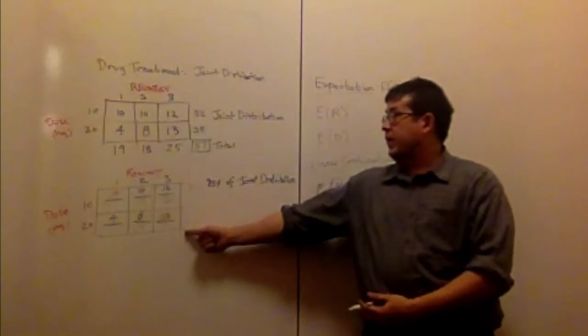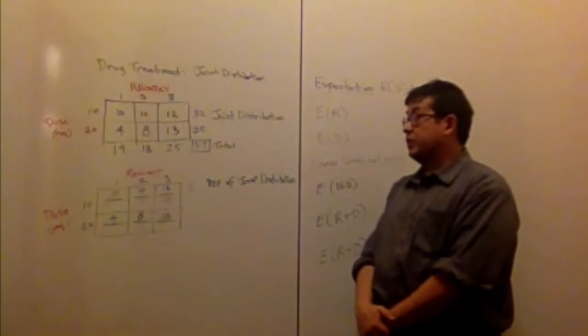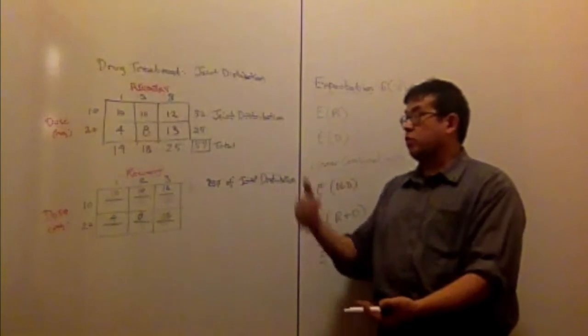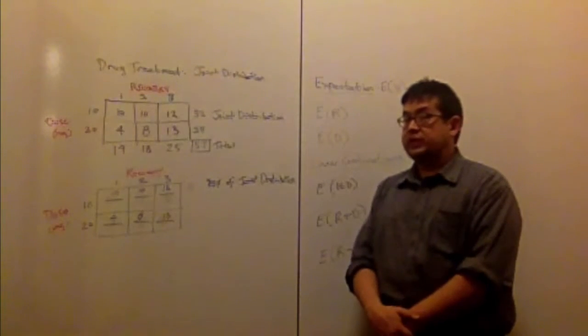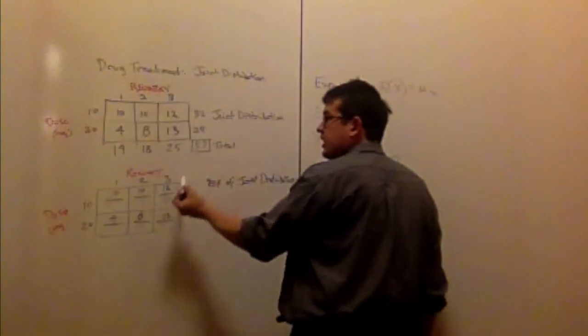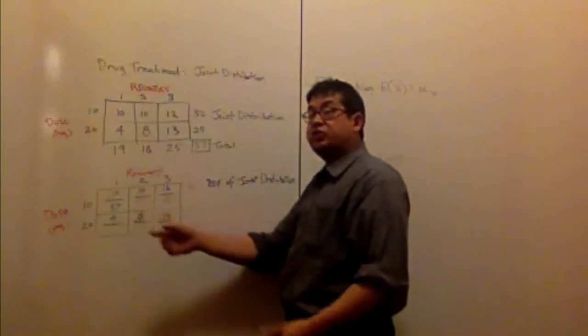The second array is set up as what's called a PDF, a probability distribution function. And I'm going to leave it in fractions, even though my work will also use decimals. So just as an example, say we have 57 cases, that becomes the denominator in the cell.